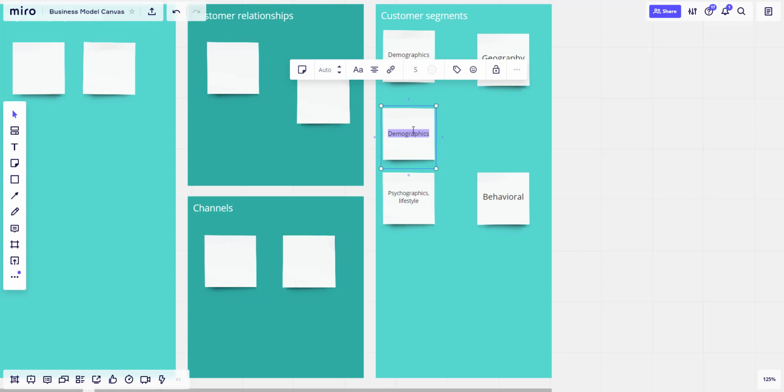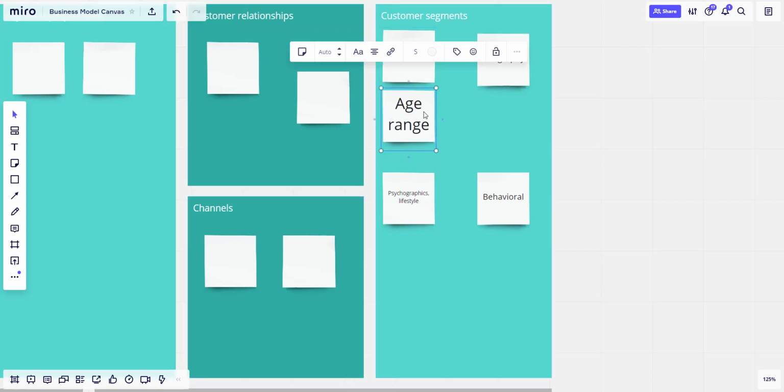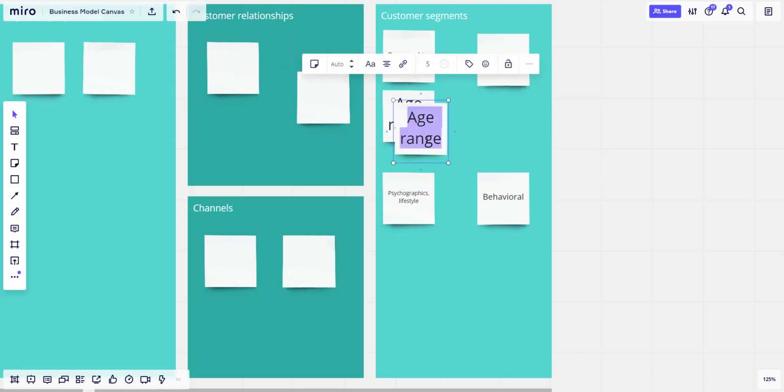So these could be variables such as the age range, almost always a range, not an actual age of your customer. We could have an income level or an income range.